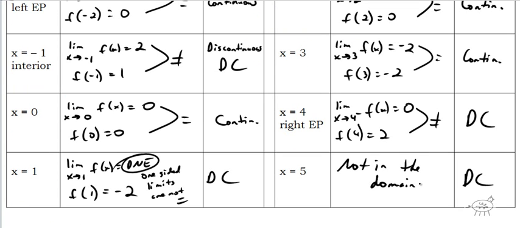That is what point discontinuity is all about. Really not very difficult. But just remember, you have to compare the limits and the f of some value based on whether or not it's an endpoint or an interior point. All right, so let's keep going.